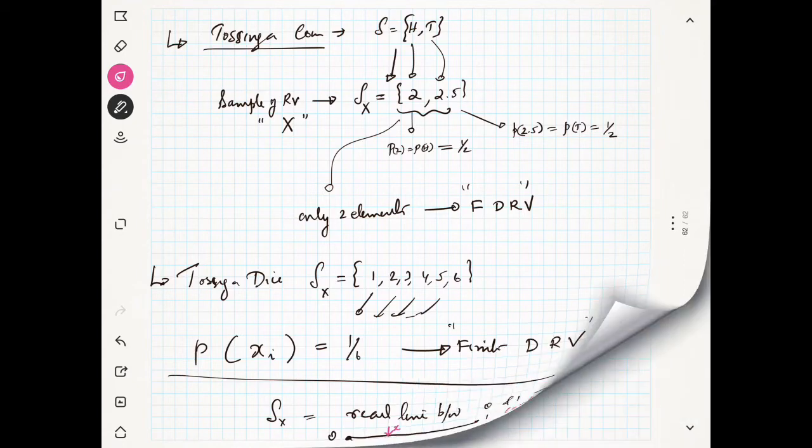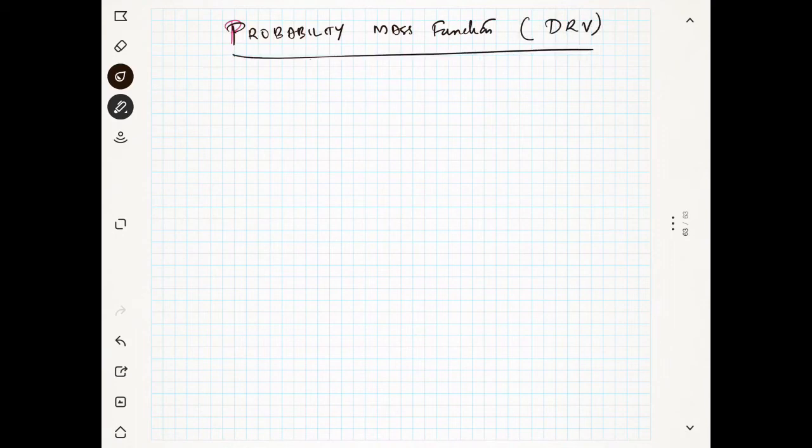Now I want to tell you what we mean by the probability mass function of a discrete random variable. It is associated with a discrete random variable.